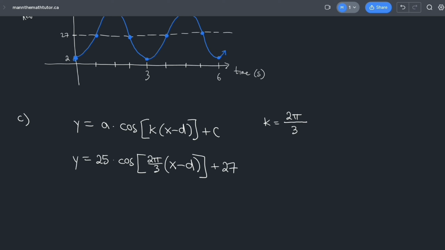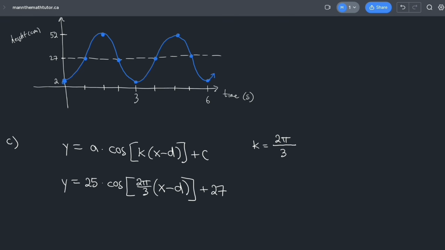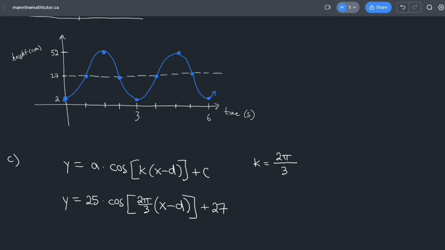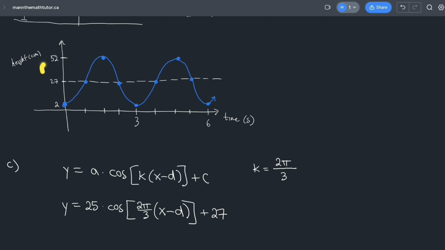All right, so let's get back to the D value now, the phase shift. How can we determine what the phase shift can be if there's even a phase shift to begin with? Well, pay attention to this graph right here that we drew from part A. We actually have a graph that looks pretty similar to a cosine graph, right? So let's take a look at how a regular cosine graph would look on our set of axes right here.